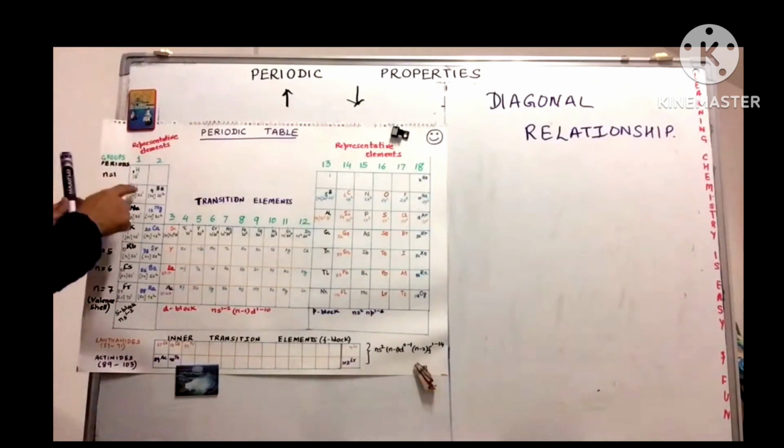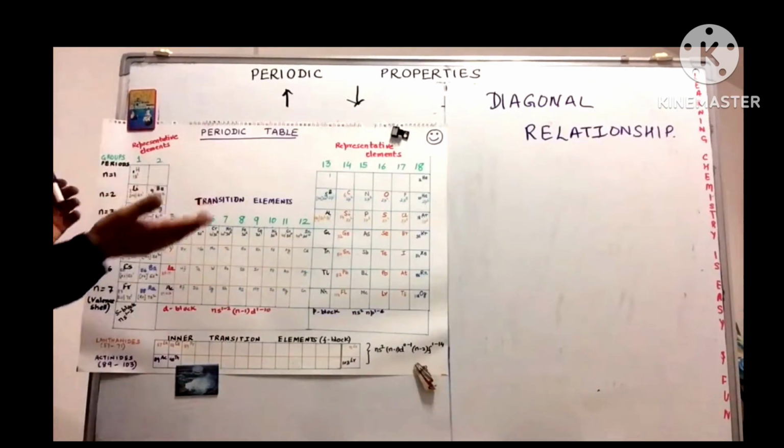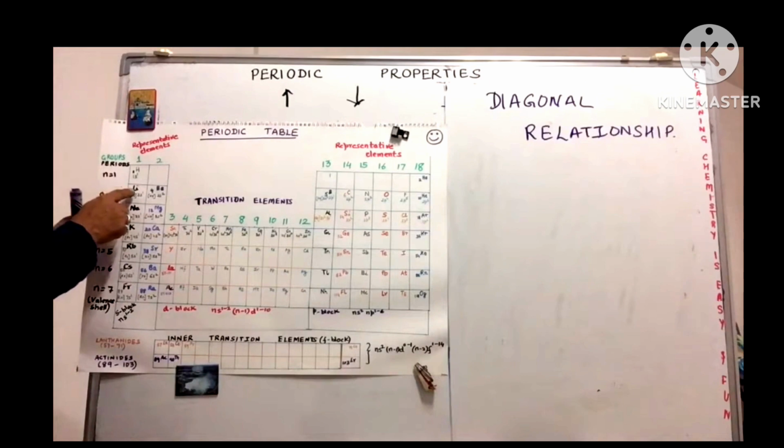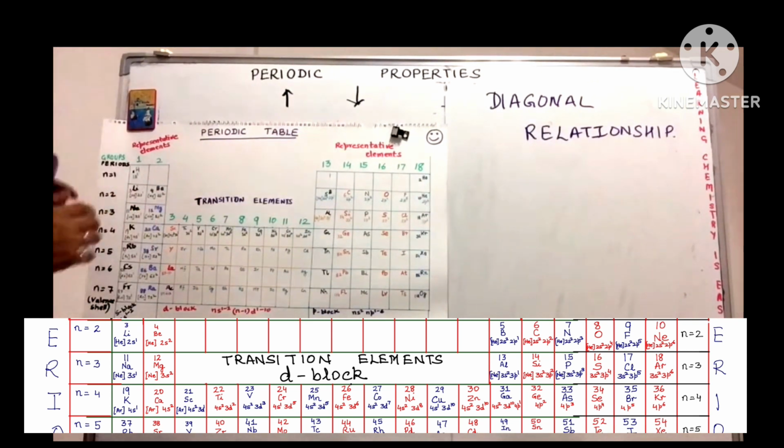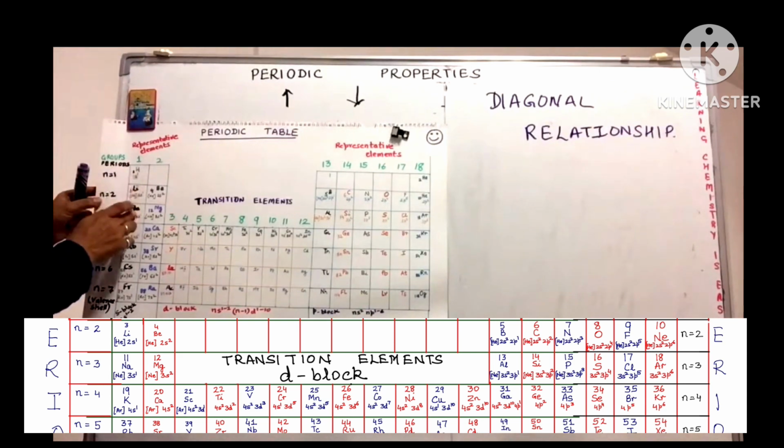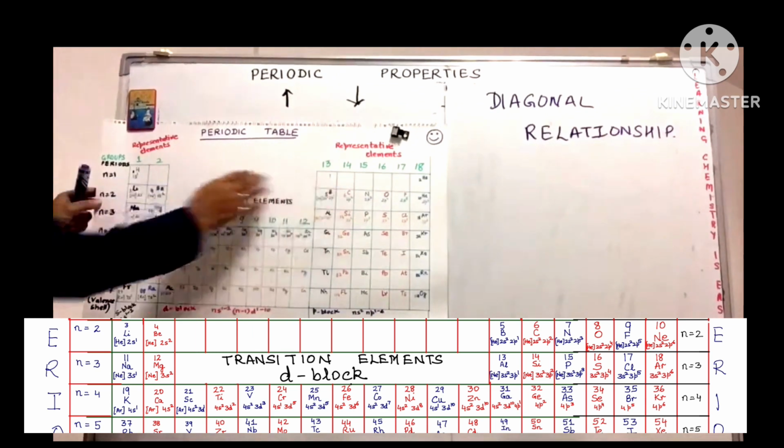Let's say we are talking about atomic radius only, right? Across the period it is decreasing, down the group it is increasing. So here's an increase, here's a decrease and here's an increase. When you are going down, it is increasing, and when you are going horizontally, it is decreasing.